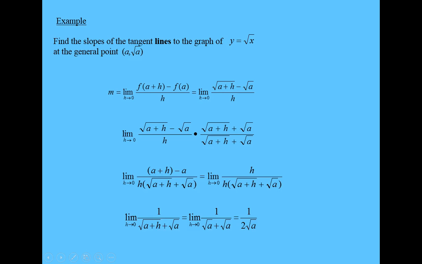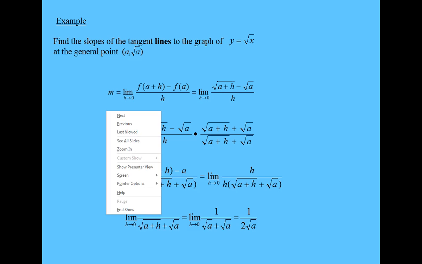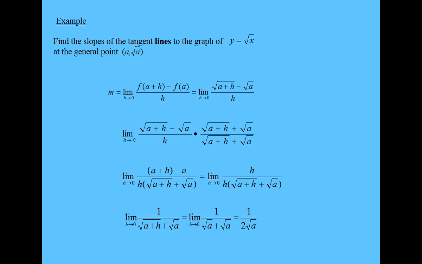So that's the difference between the last problem and this problem. The last problem, we specified we wanted to find the slope of the tangent line at a particular point of x. So when we got our final answer, we had the slope of the tangent line only at that point, at x equals 3.